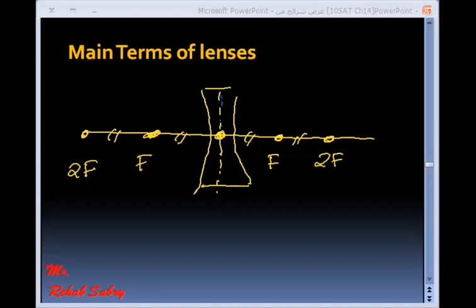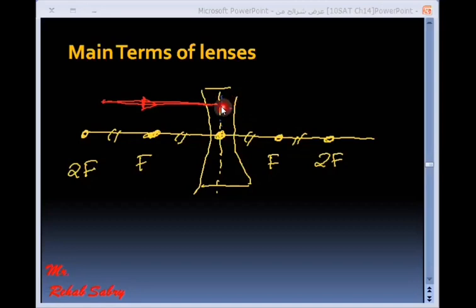If the rays are incident parallel to the principal axis, it will not move through the focal point because it's diverging. So this will be a mistake.